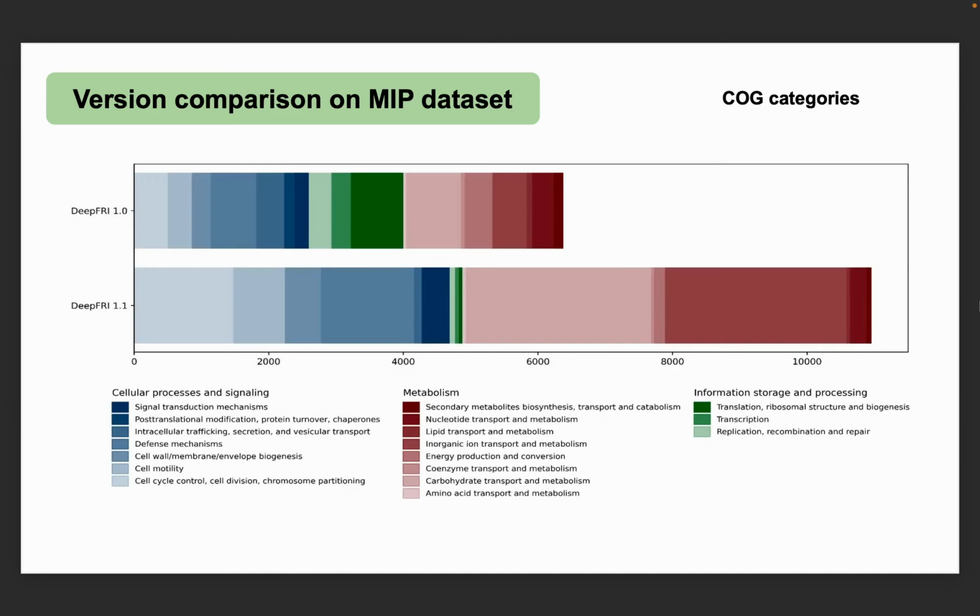We also mapped GO terms into categories, and again we can notice that V1.1 allows for much higher coverage of categories. Interestingly, those green categories from information storage and processing in V1 are predicted by DeepFRI 1.1 as also green categories, and also this cell cycle control, cell division, and chromosome partitioning, which is somehow related.